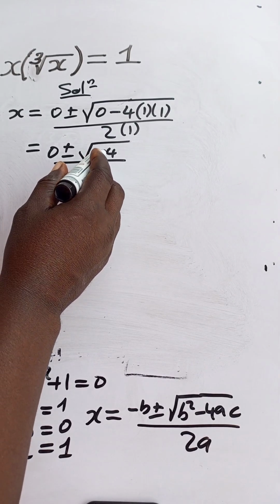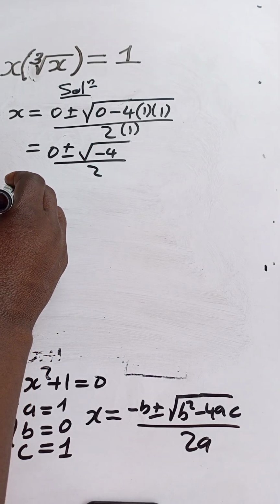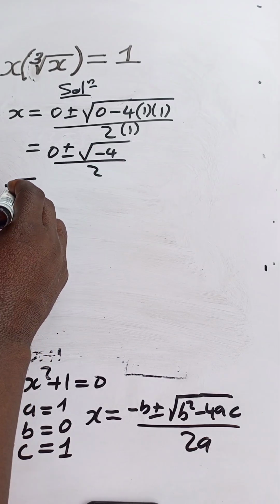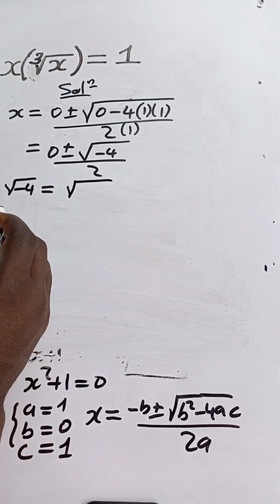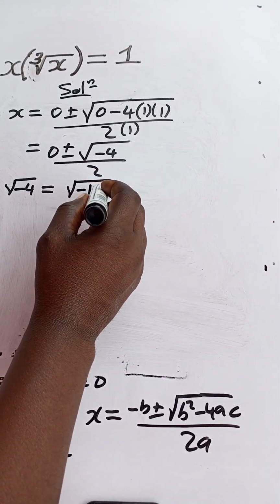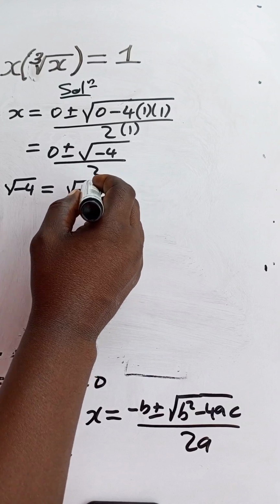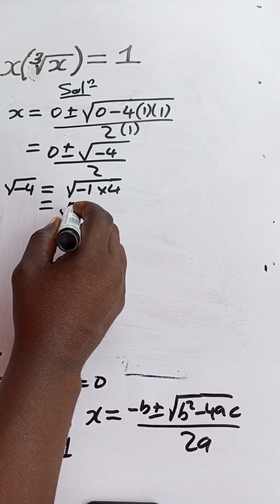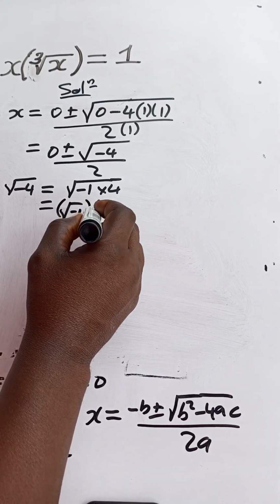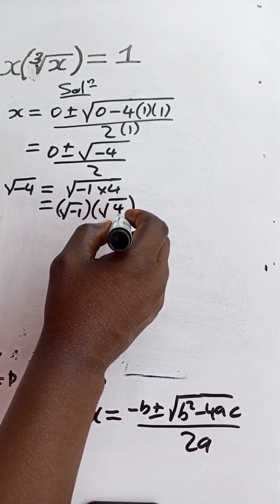So how do we do that? Root of negative 4 can be written as the root of negative 1 multiplied by 4. This can be split as the root of negative 1 multiplied by the root of 4.